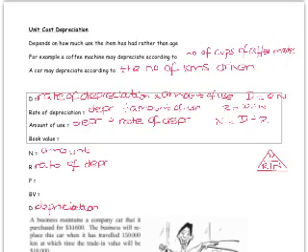Rate is depreciation divided by amount of use, and amount of use is depreciation divided by the rate, if that helps you.